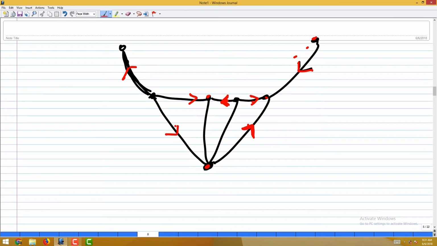Because it is going like this, it should be like this, because otherwise from here to here I will need a connection. And now what happens? If I give this direction here, then I have a problem, so I cannot give that direction, so I should give this direction, but if I give this direction, so okay, you try to do this. I hope you understood what I am trying to do, right.